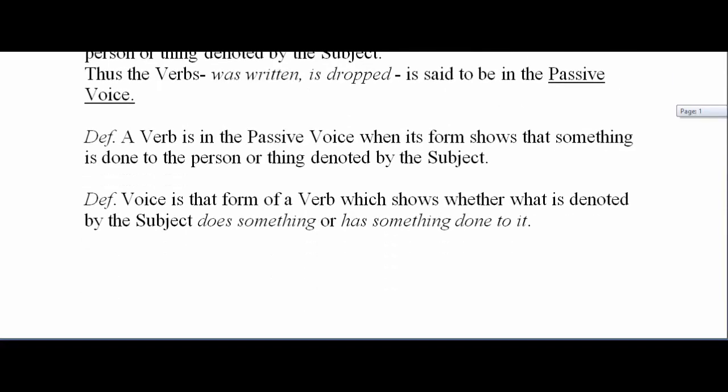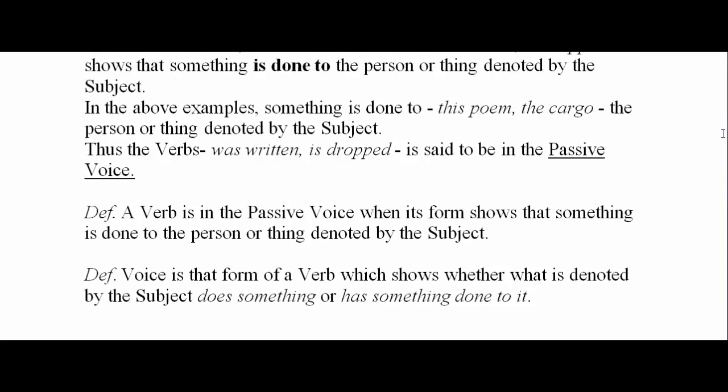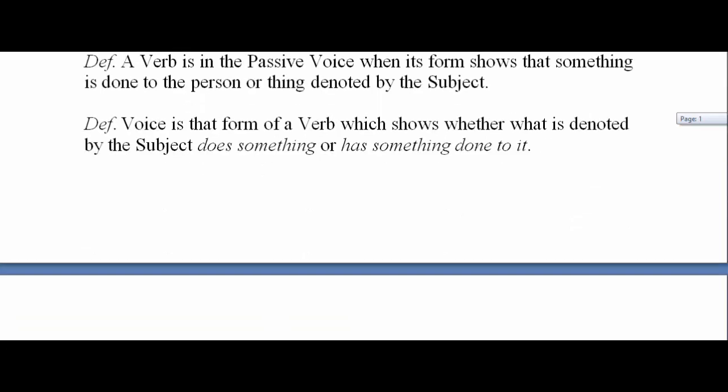What does the definition say? A verb is in the passive voice when its form shows that something is done to the person or thing denoted by the subject. Right? Again, thus we have the definition of voice.